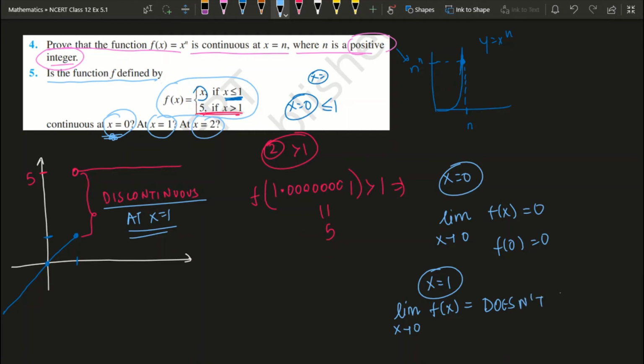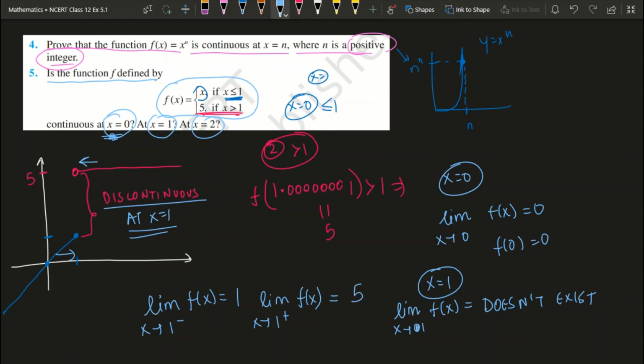Why? Because if you approach 1 from the left hand side, so you approach 1 like this, then the values get increasingly closer to 1. But if you approach from the right hand side, that is the limit as x tends to 1 plus, the values of f of x get closer and closer and stay equal to 5.